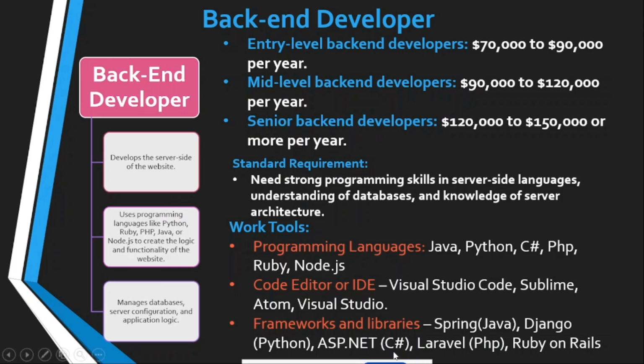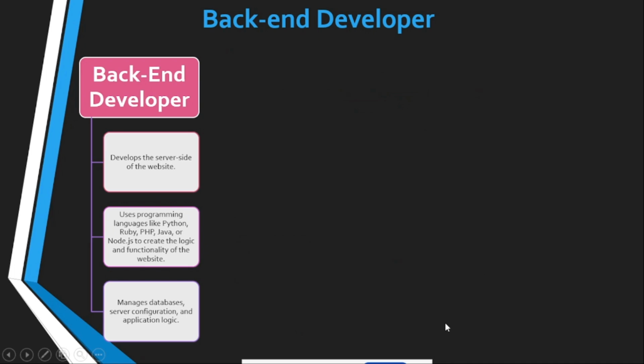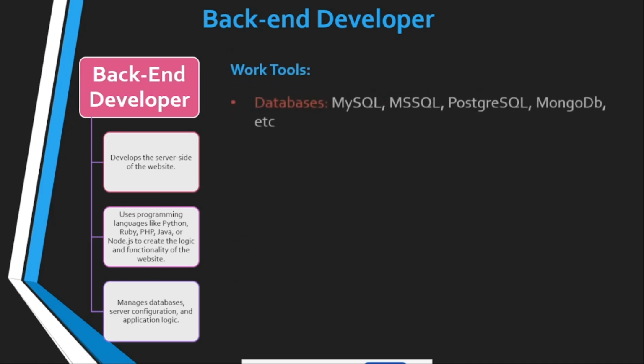So ASP.NET for C Sharp, Laravel for PHP. PHP also has another framework too. Ruby on Rails for Ruby. Okay, so those are some of the frameworks involved in backend. Some other working tools involved in backend.